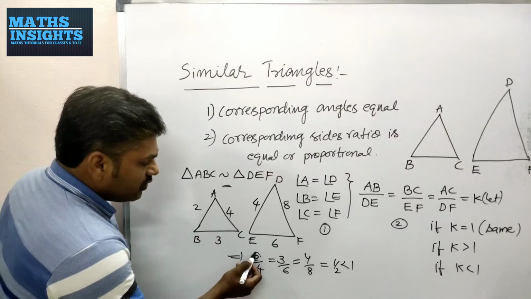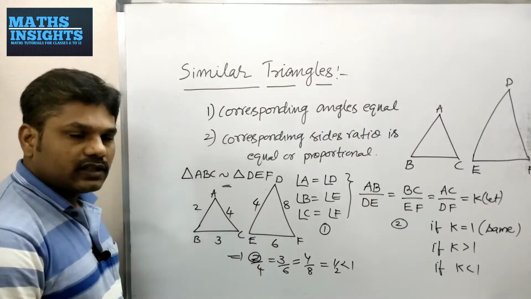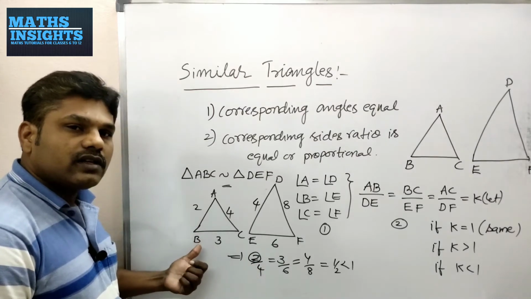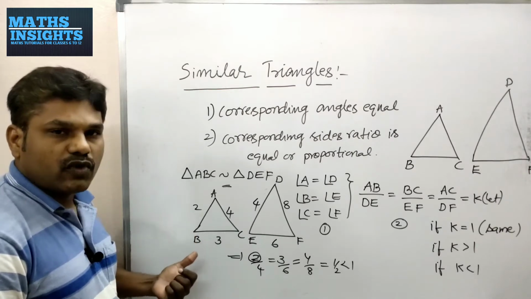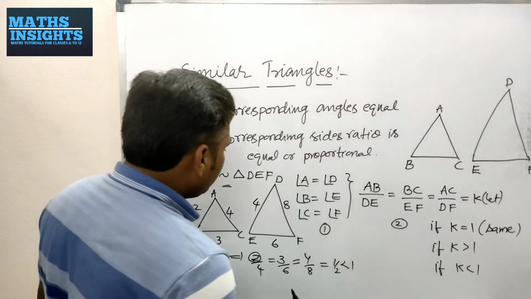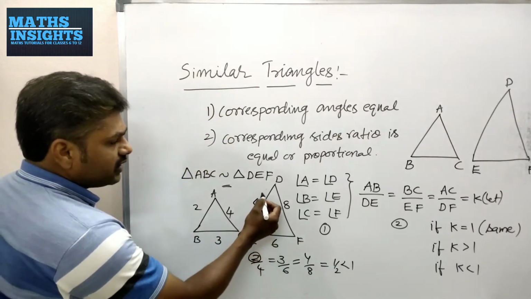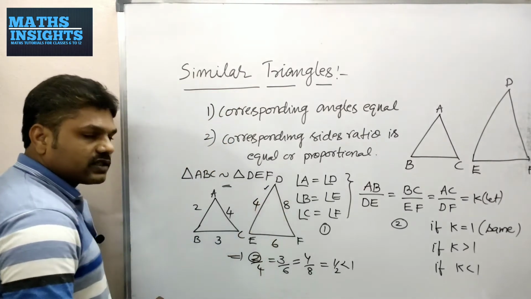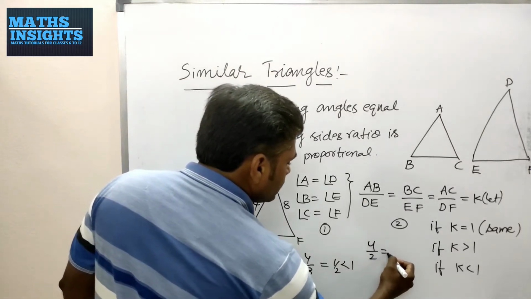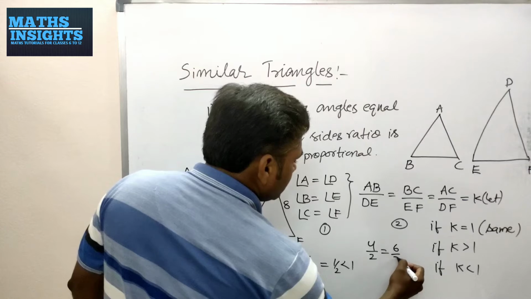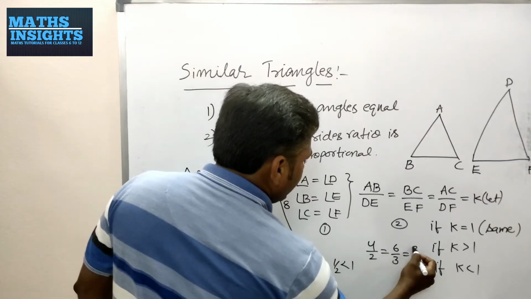Whatever triangle you are taking in the numerator is the one to be compared, whether it is larger or smaller. If you take the bigger triangle's values first, then it will become 4 by 2, equal to 6 by 3, equal to 8 by 4.